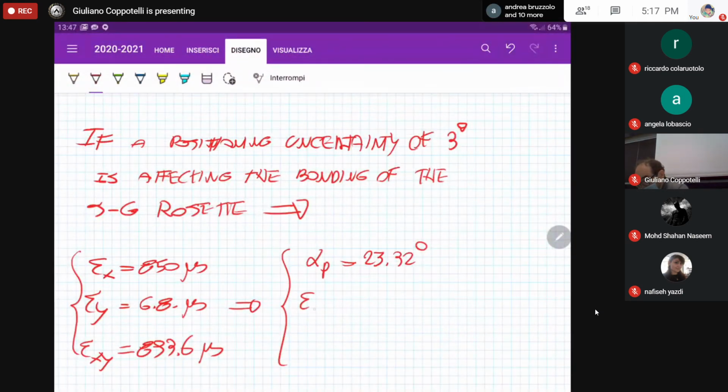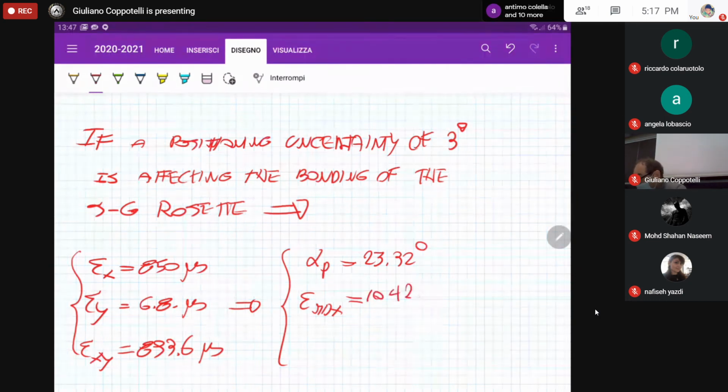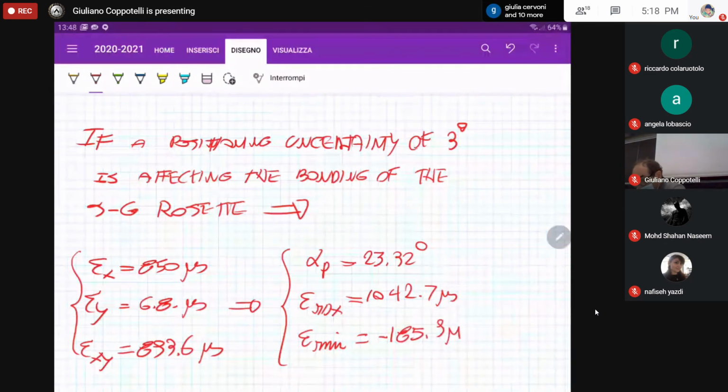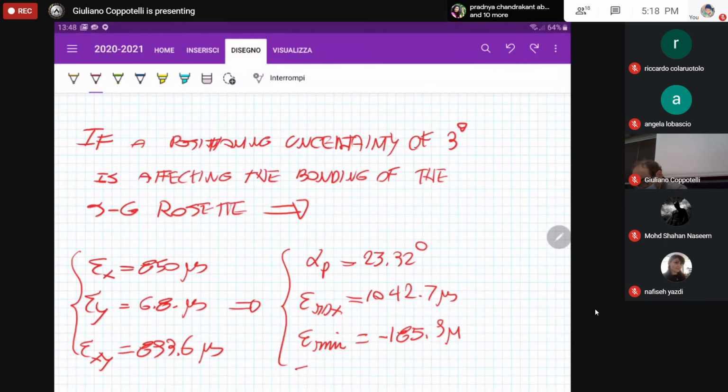The maximum normal strain goes to 1042.7 microstrain. The minimum value of the normal strain is negative 85.9 microstrain, and the maximum shear strain is going to 1028.6 microstrain.